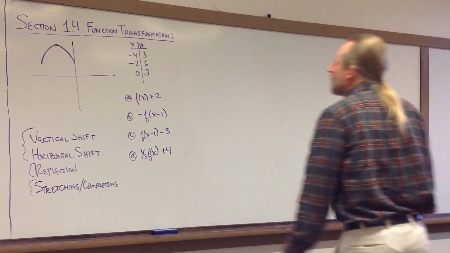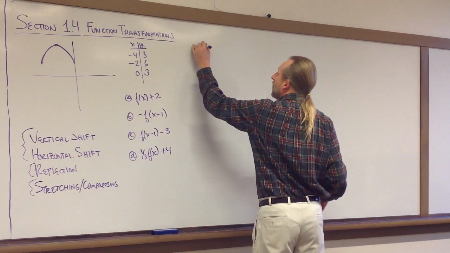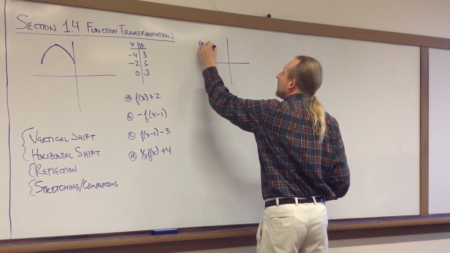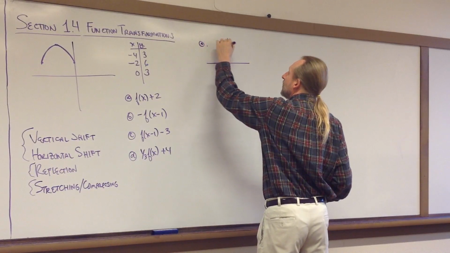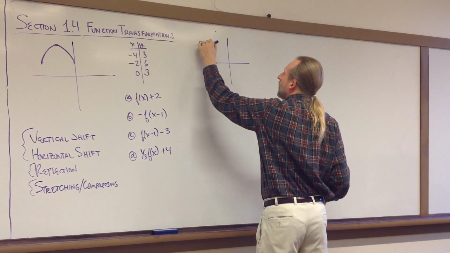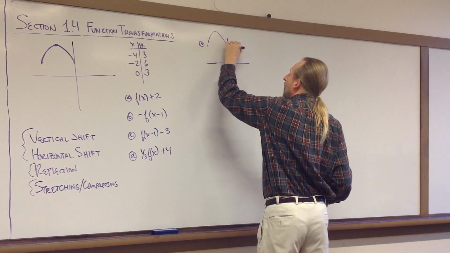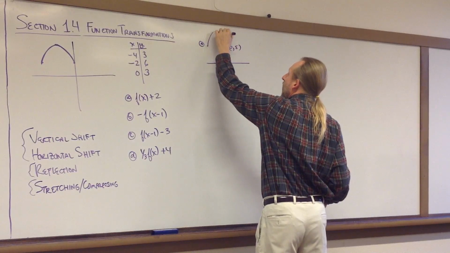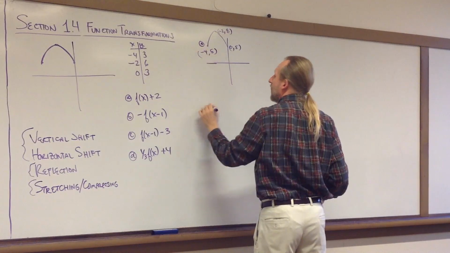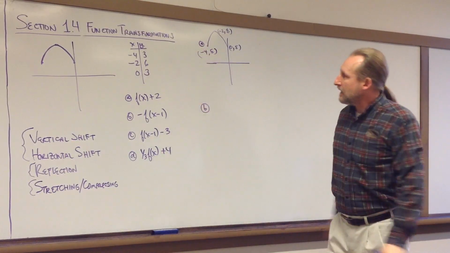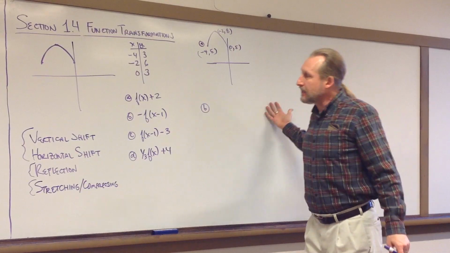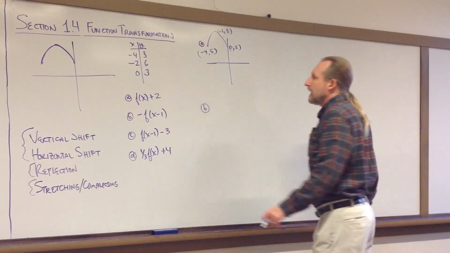First one's pretty straightforward. Everything just gets pushed up 2 places. And so then we've got -4, 5, 0, 5, and -2, 8. Okay. Part B, this is going to get shifted to the right 1 place, and then it's going to get reflected over the x-axis.